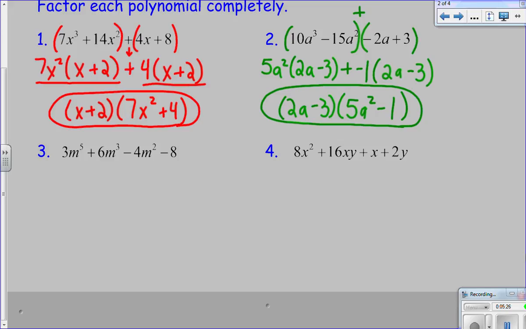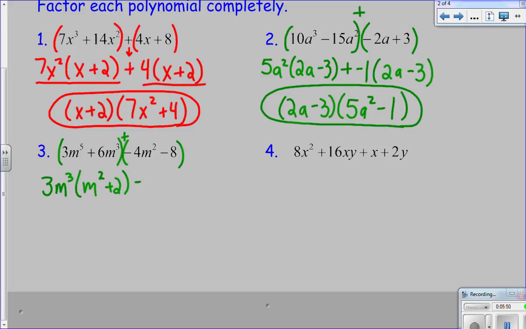Okay, let's look at our 2 problems here, and we'll move a bit quicker since these are our 3rd and 4th examples. We'll group these 2 terms, and in our first group, our GCF is 3m to the 3rd, leaving us with m squared plus 2. And in our second group, our greatest common factor is going to be a -4.